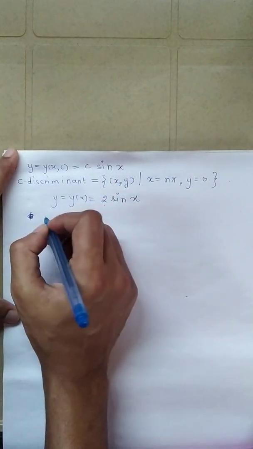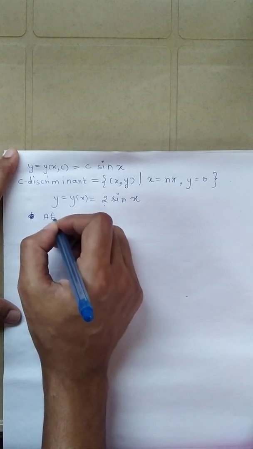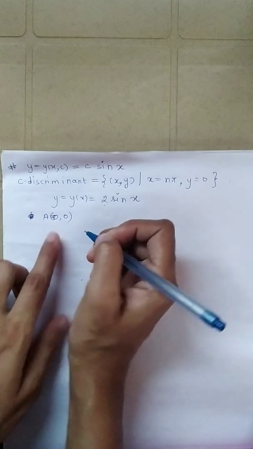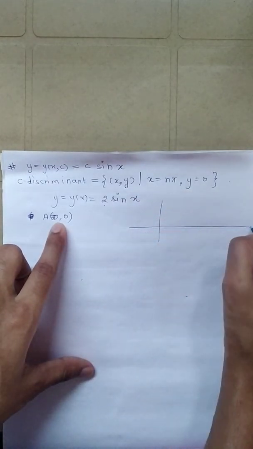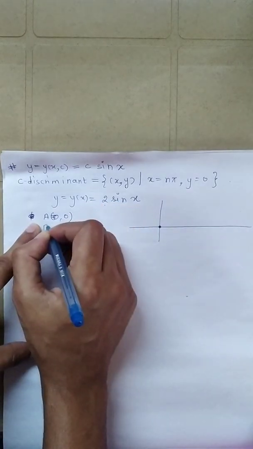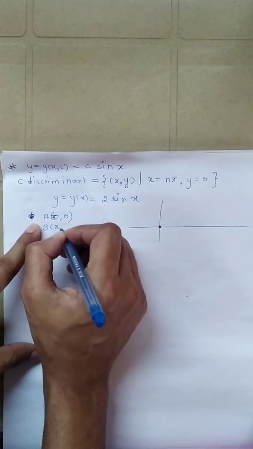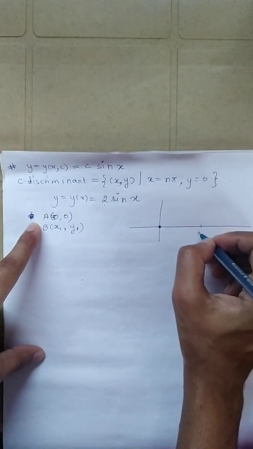Now let us suppose that point A is 0, 0, the origin point, and point B is some point (x1, y1).